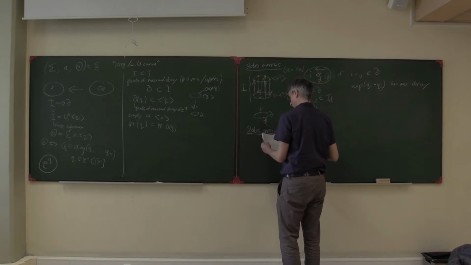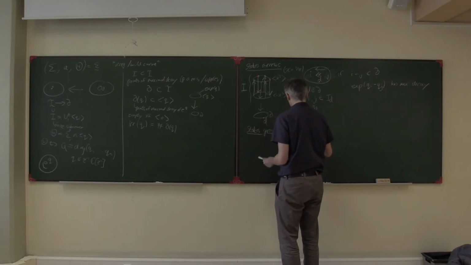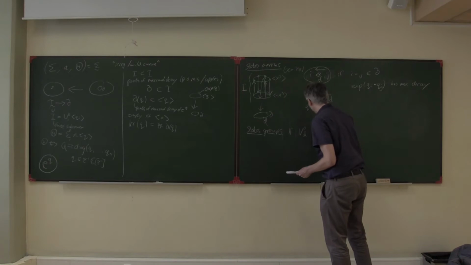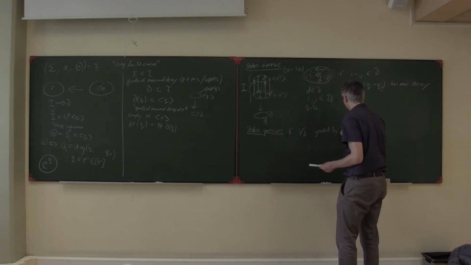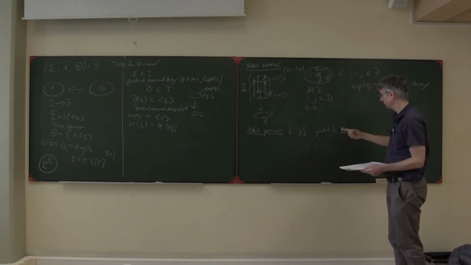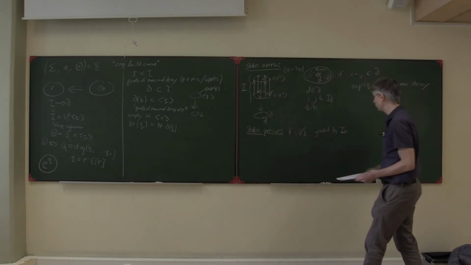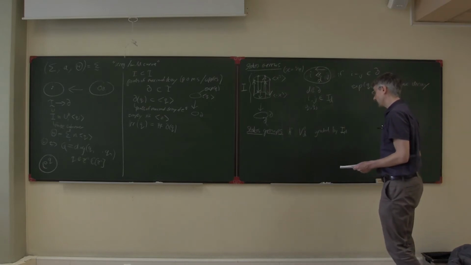Yeah, so if I have a vector space which is graded by ID, so I have this finite subcover, and I look at the fiber of that, and suppose I have a vector space which is graded by the fiber of this cover here.